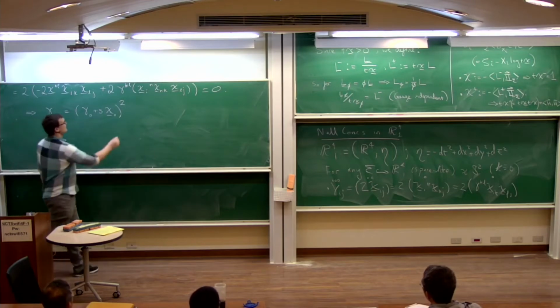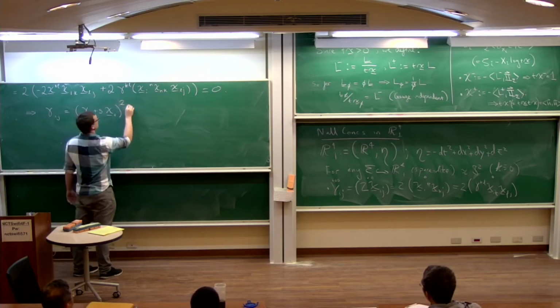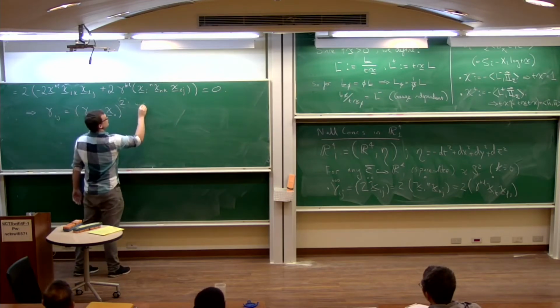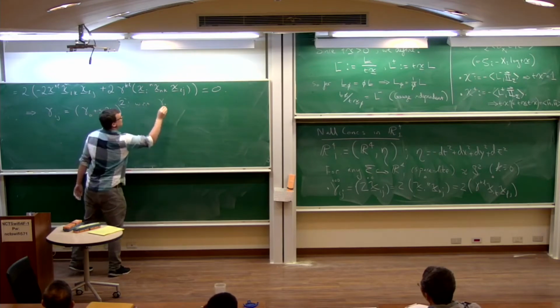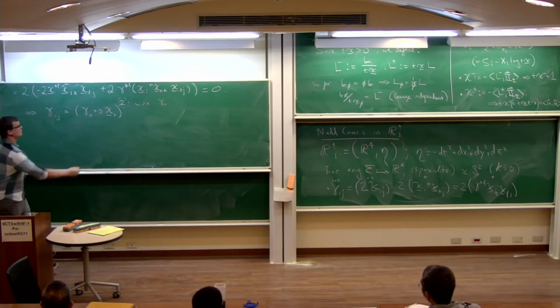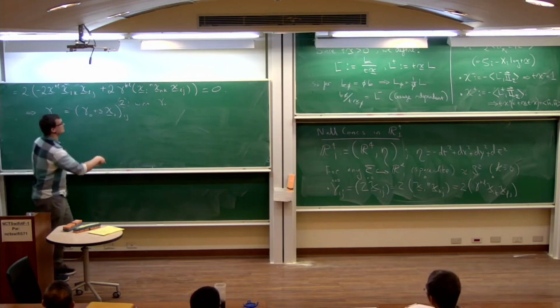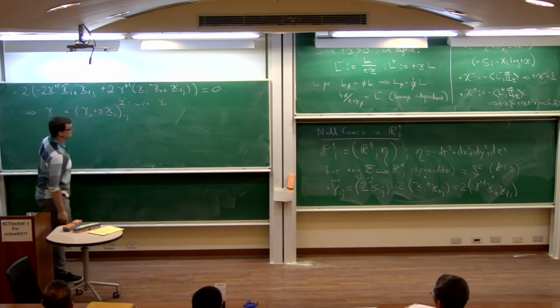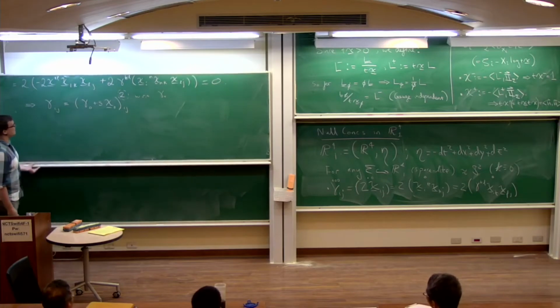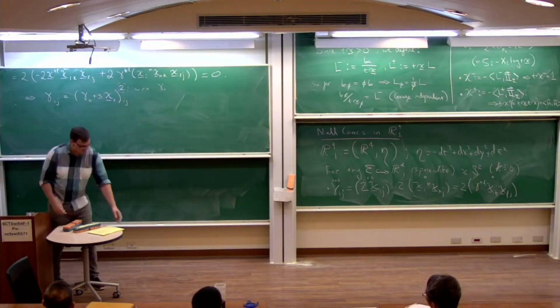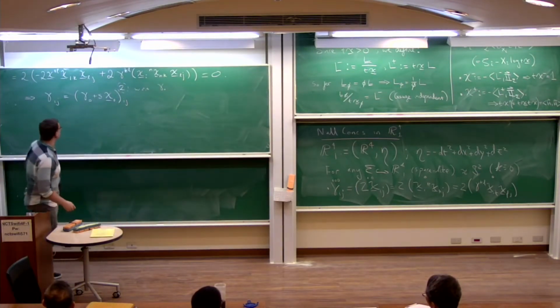All right? And here, what do I mean by square? This is with respect to gamma 0. Okay, so you take this metric, you raise the right index by gamma 0, and then hit it with itself again. So the metric takes a very nice form if we're in Minkowski space.